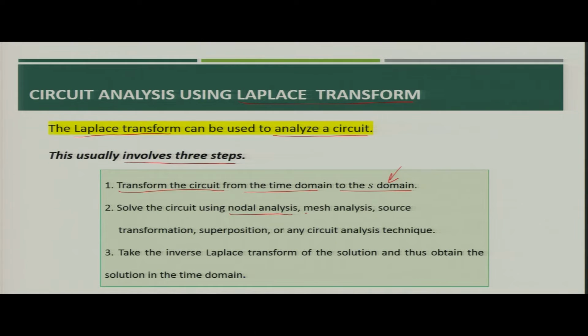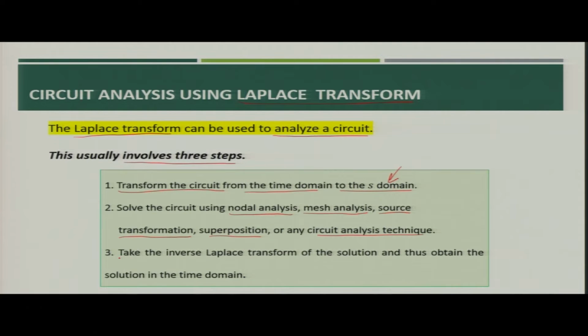Those are nodal analysis, mesh analysis, source transformation, superposition, or any circuit analysis technique which we discussed. This includes Thevenin's and Norton's equivalents also. So, the second step is that for the circuit we have formed in S domain, we will use circuit analysis techniques to solve it in S domain.